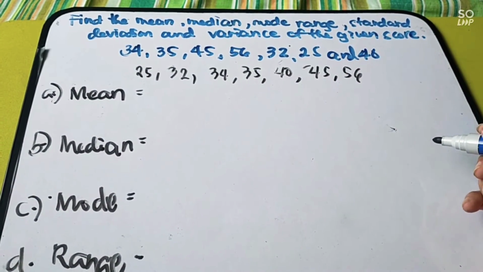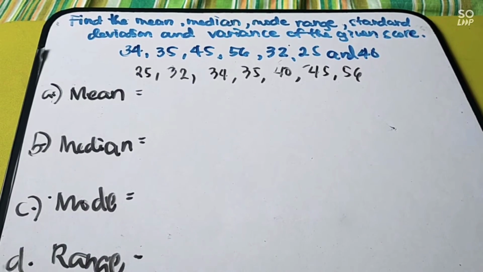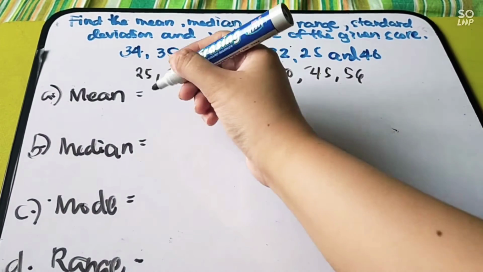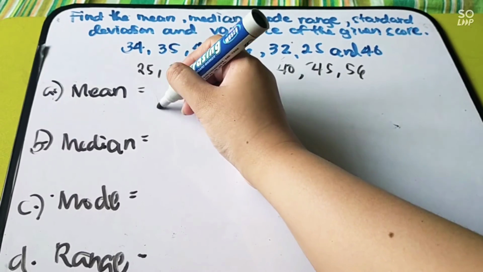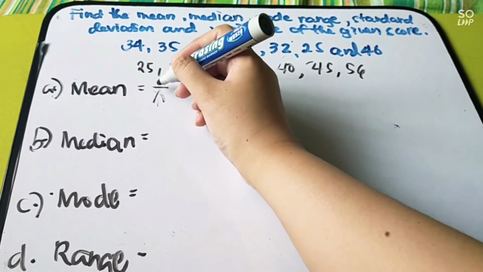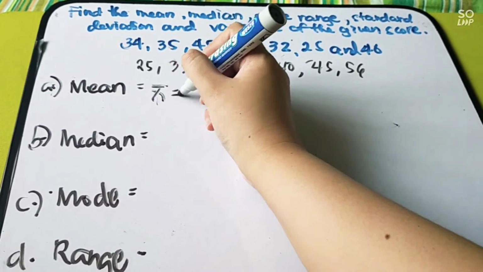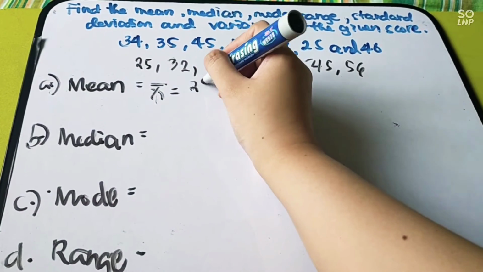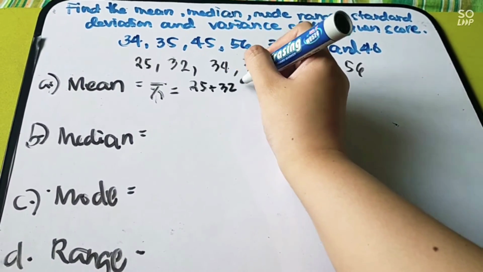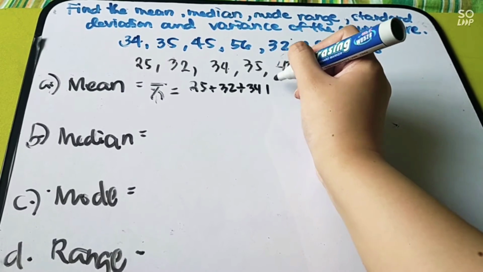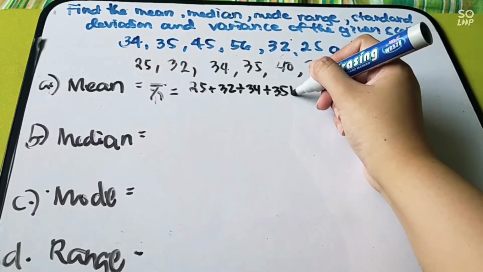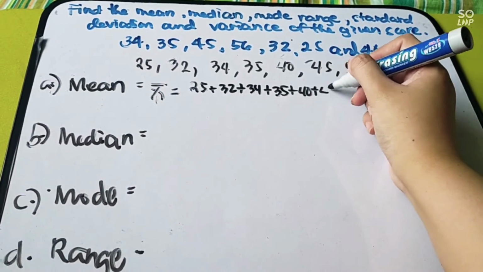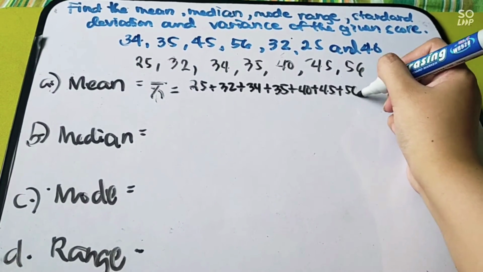Alright, check. Then, afterwards, let us have the average for the mean. Your symbol for the mean, we have X, then a bar. So, you will just add it all. 25 plus 32 plus 34 plus 35 plus 40 plus 45 plus 56.